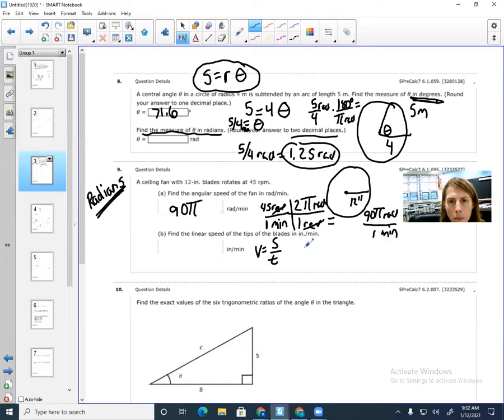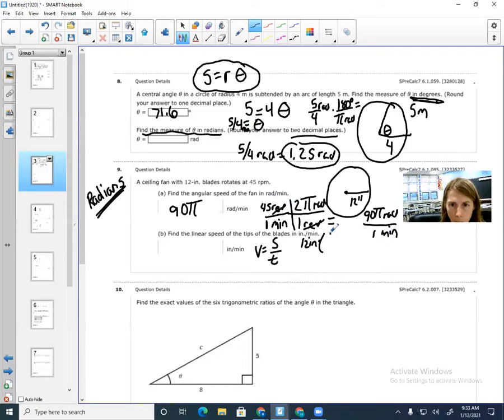So I'm going to put in S, my radius, 12 inches, times my angle. Now here's where it gets a little tricky. It goes 45 revolutions per minute. We already changed that into radians per minute. So it goes 90 pi radians per 1 minute.